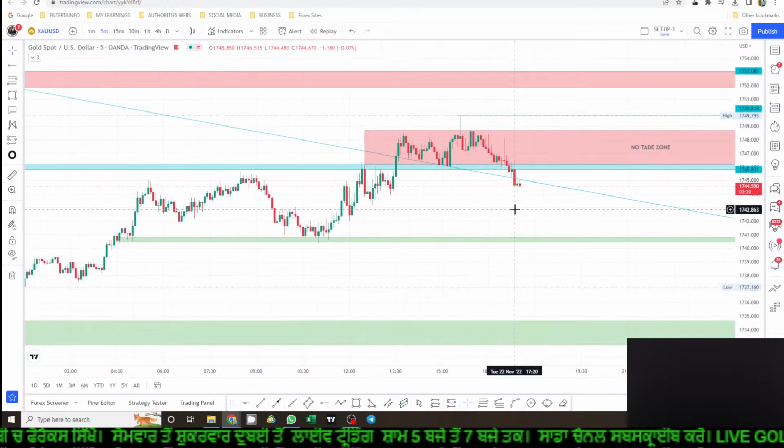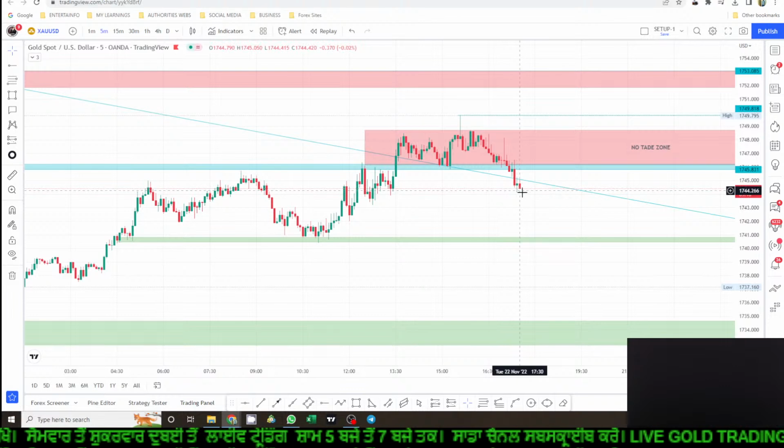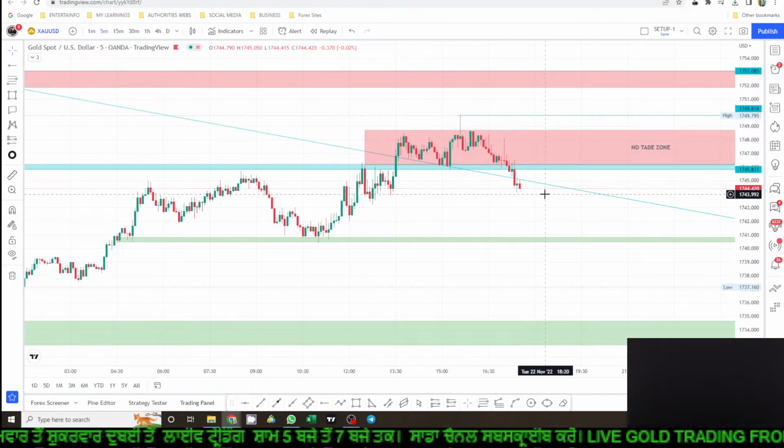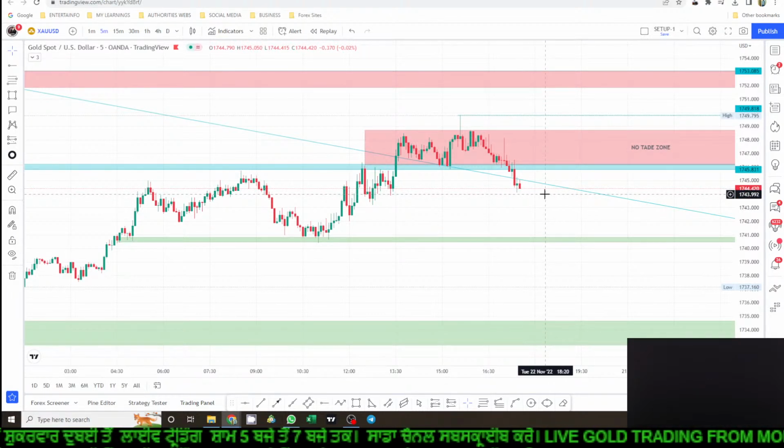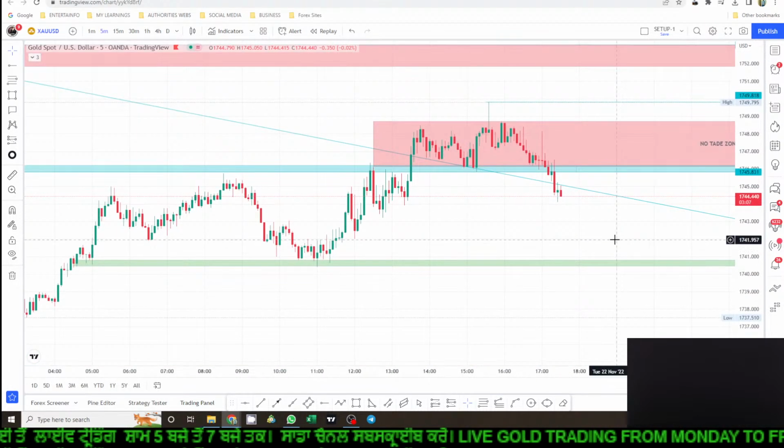Even though I can't say now that it is going downward, because it's forming a lower low, but I'm not sure, because wicks are there today. Big wicks are spoiling the games.